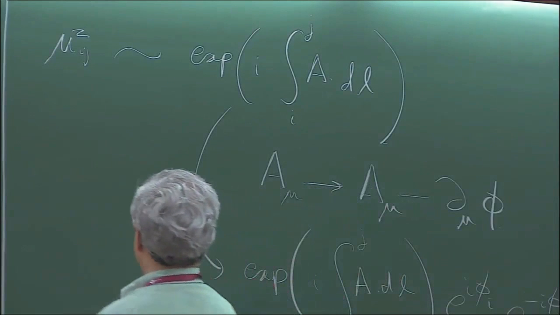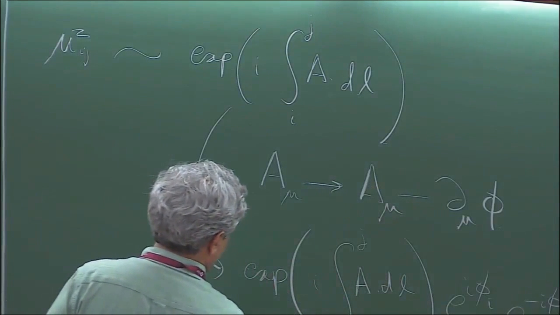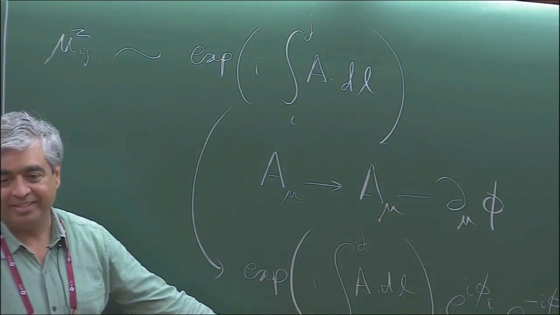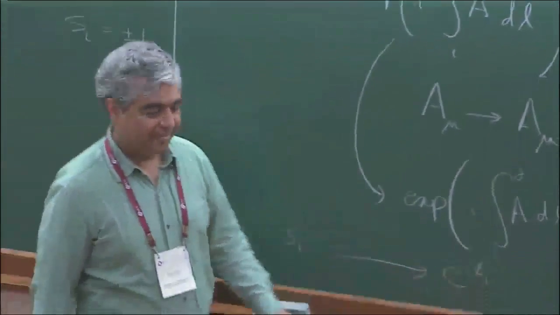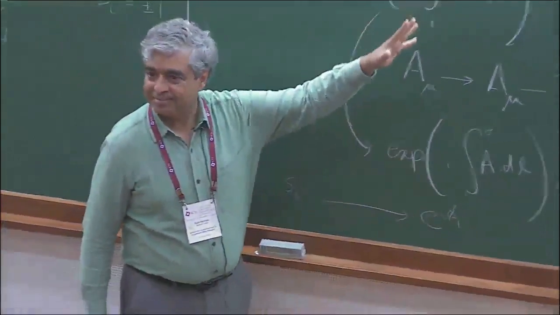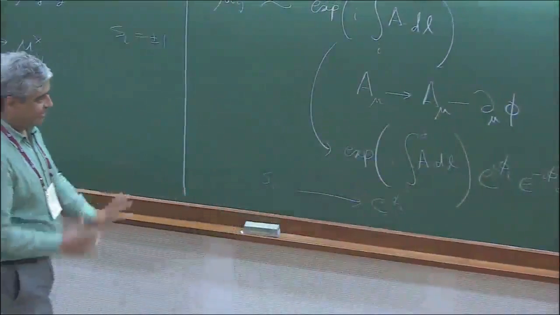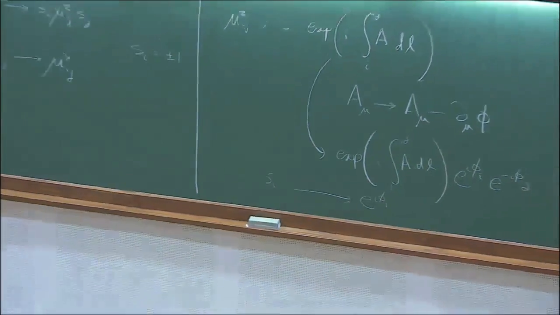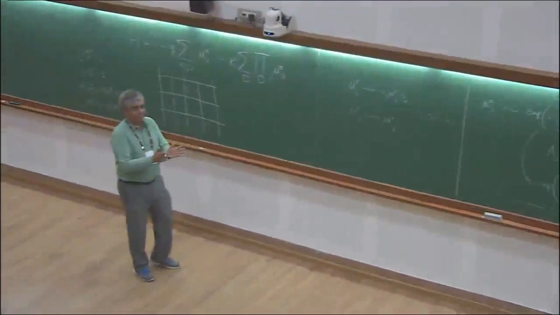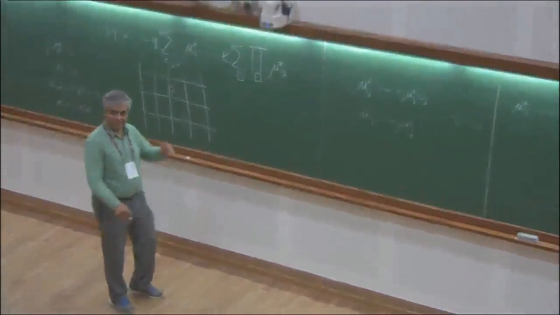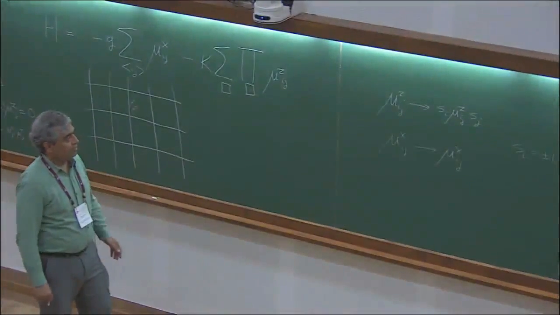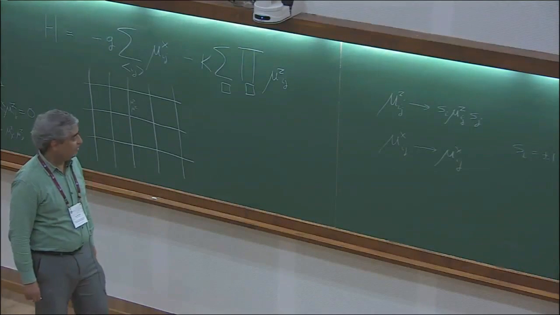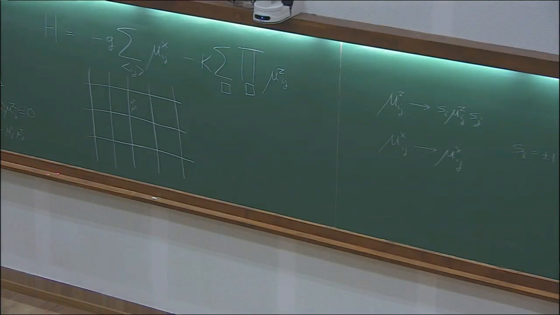In the Z2 gauge theory, Si is the analog of e to the i phi i. Again, phi i only takes two values, 0 and pi, whereas in the gauge theory it's continuous. So it has exactly the same structure as electromagnetism, with the restriction that the gauge field be 0 or pi.